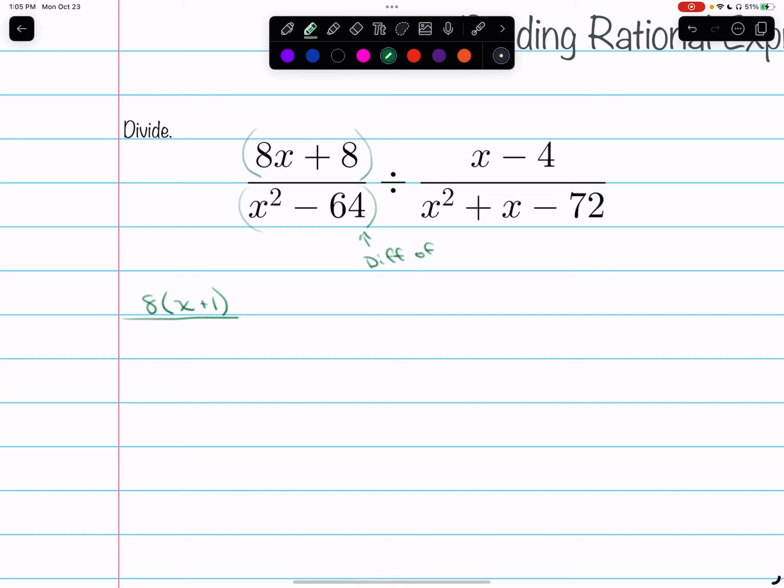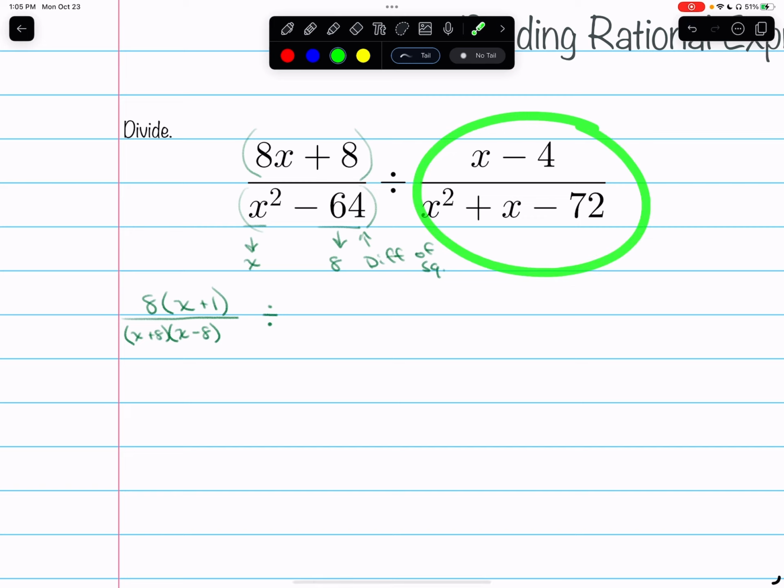So remember, difference of squares works when you have a perfect square minus a perfect square, okay? And the square root of x squared is just x. The square root of 64 is 8. So when I factor that, it ends up being x plus 8, x minus 8, okay?